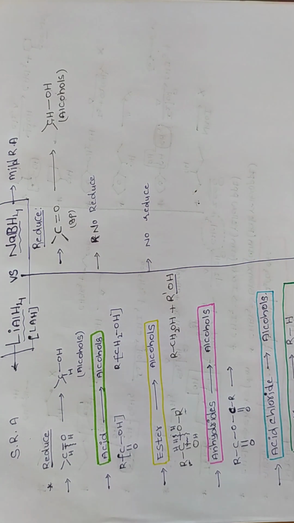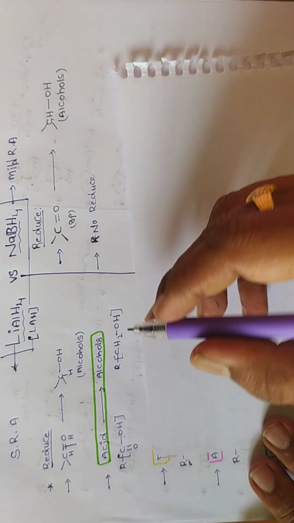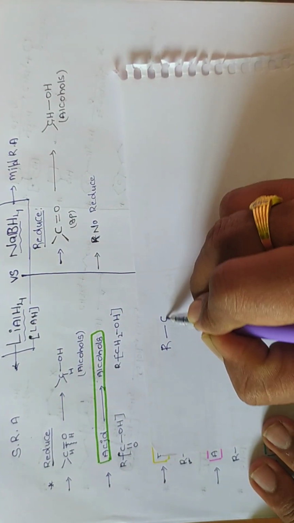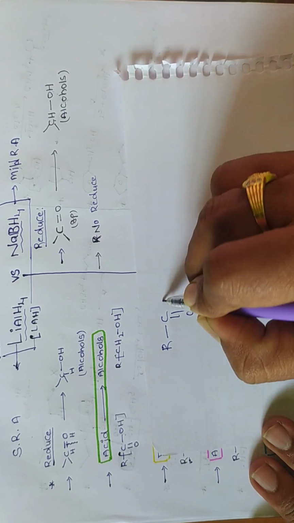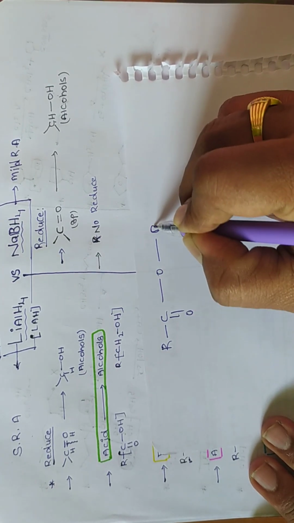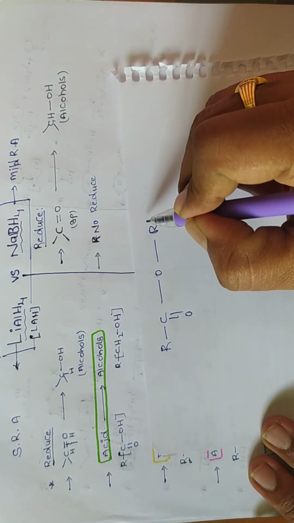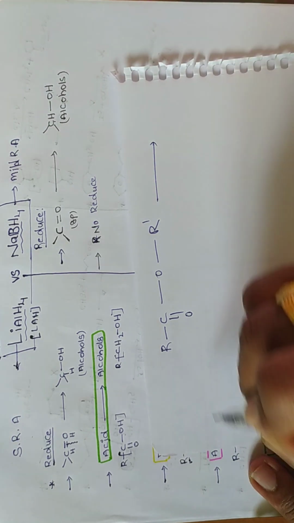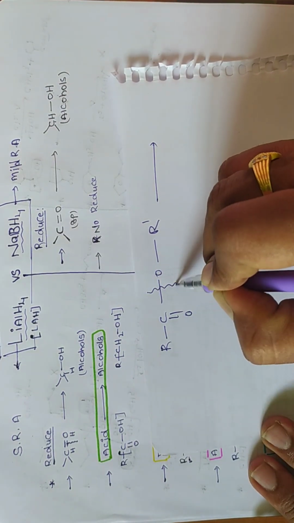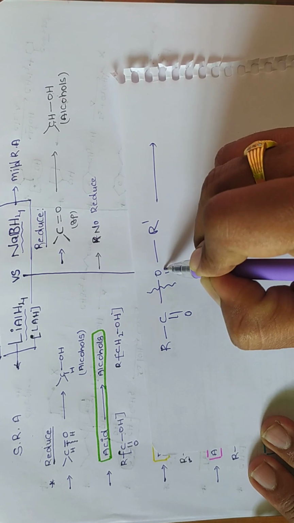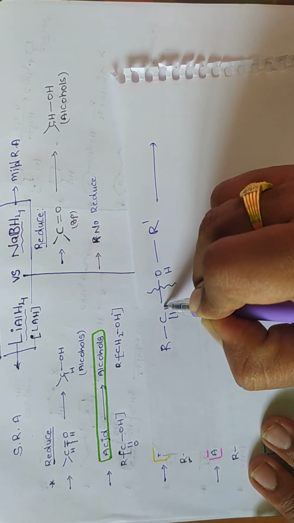Next, see carefully, now this is an ester. Whenever they give lithium aluminium hydride, you break the bond between the C=O group and oxygen. Then add hydrogen on this side, and hydrogen on this side.